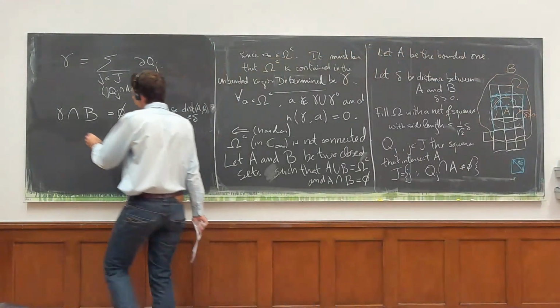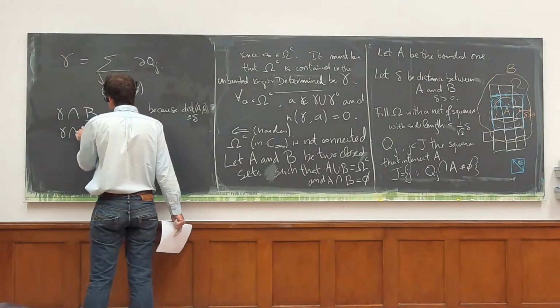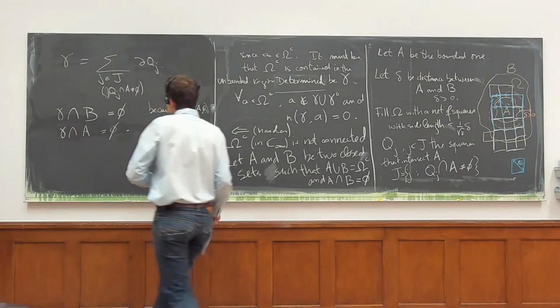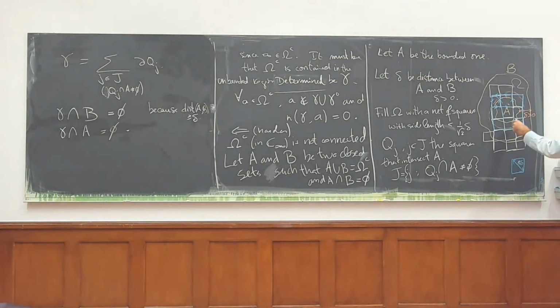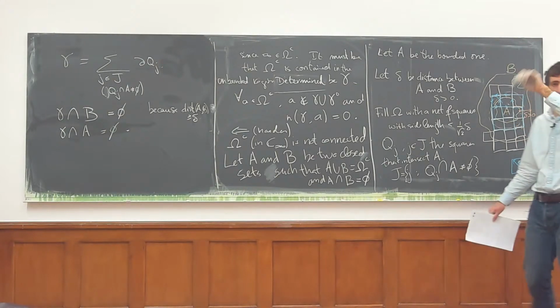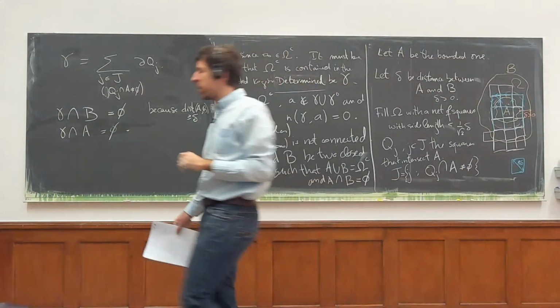Also, they don't intersect A because of the cancellations, right? Because if a point in the boundary of the square is inside of A, then it would be canceled out because it would show up in two of the squares, one pointing in one way and another pointing in another.